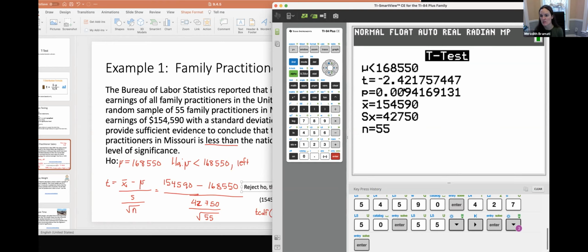After that, you're going to be using the calculator. It shows you your sample mean, sample standard deviation, and your sample size. So the test does exactly what we did by hand, just a lot faster, right? Any questions so far? Okay, let's move to the next problem.